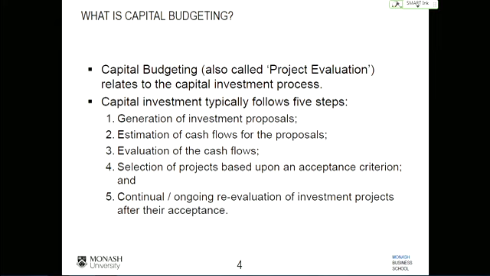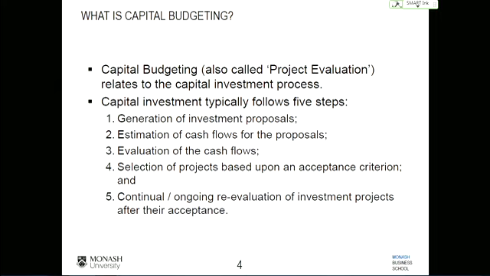Here we are talking about 2 different types of assets, the financial assets and real assets. Last week we talked about shares valuation and bonds valuation, which is related to financial asset investment. And today we are looking at capital budgeting, which is related to real asset investment.